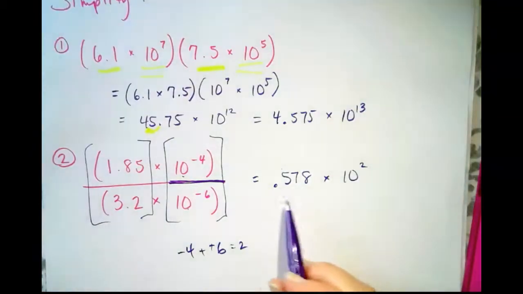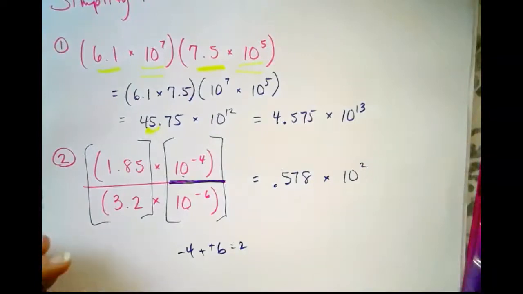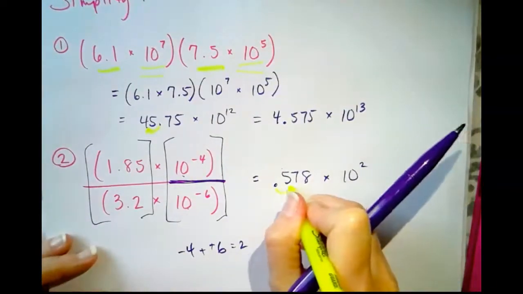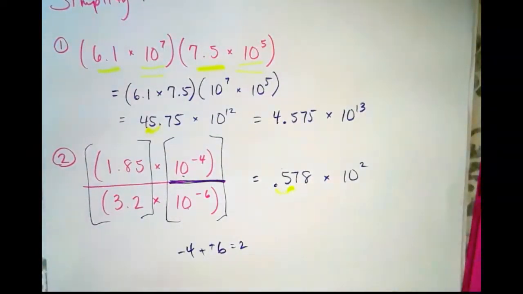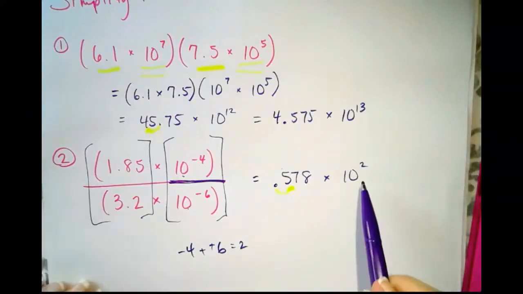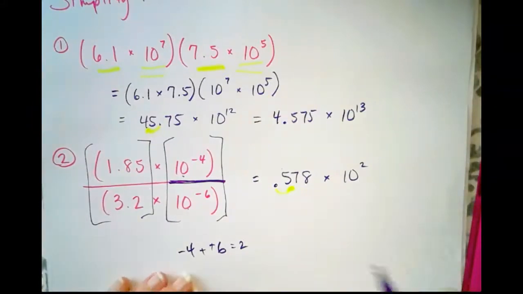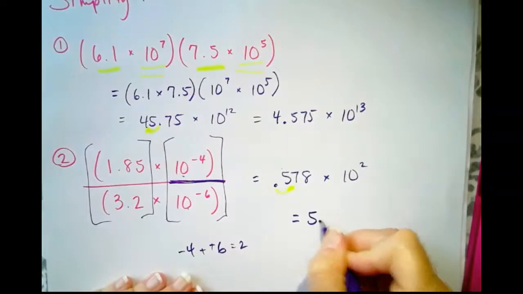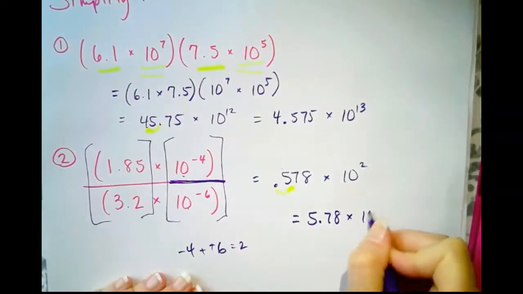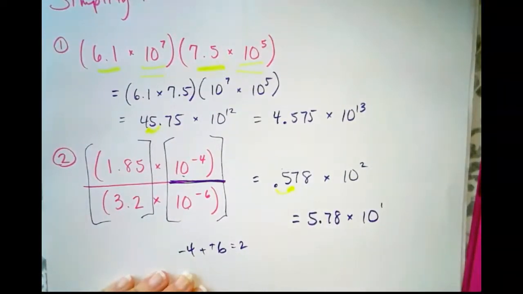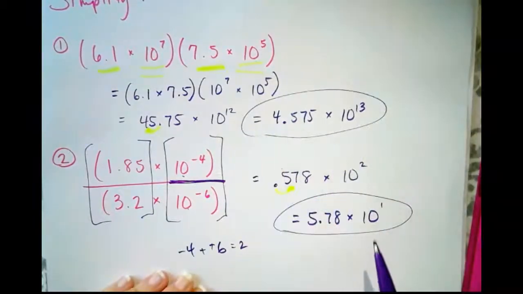Now, once again, this is not in correct scientific notation. This time we've got to shift the decimal one place to the right. And when we shift to the right, we need to decrease that power of 10. So 5.78 times 10 to the first. So correct scientific notation, one significant digit in front of the decimal.